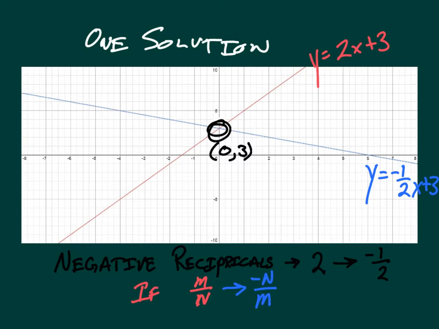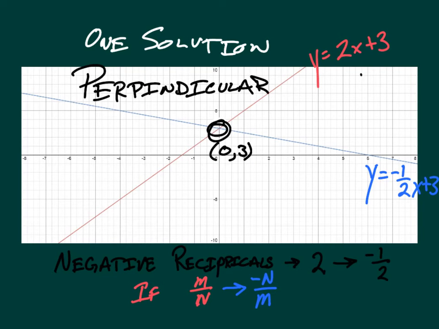And so this actually isn't as critical anymore. Having one solution is still important, but more important, it is perpendicular. So these two lines are perpendicular to one another, and what that means is that they intersect at a right angle.